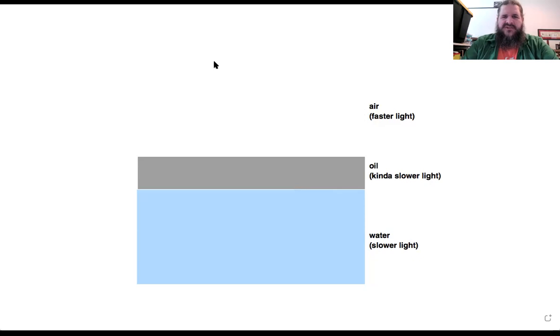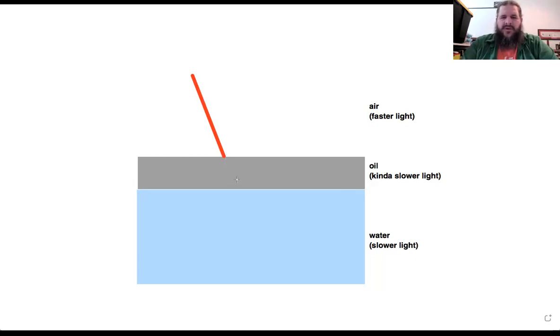What's going to happen when we shine light on this? If you've got this incoming ray of light, what happens to this incoming ray of light when it hits the oil? It'll bend towards the normal. Yeah, although in this case, we're not really so much concerned about the bending. And in a case like this, we're typically assuming it's pretty much just going straight in.